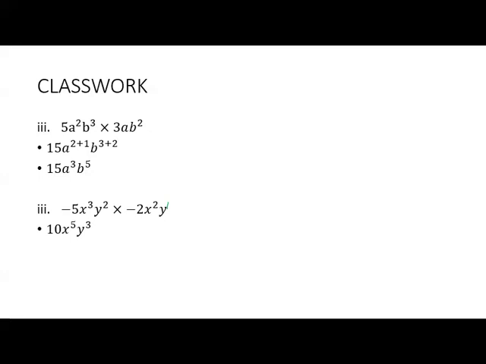Remember, when you multiply same variables, you always write it as a single variable. You add the exponent. If you're multiplying different variables, x times y will be xy, a times b will be ab, c times d will be cd, a squared times b will be a squared b. When you multiply different variables, you just make them one term.